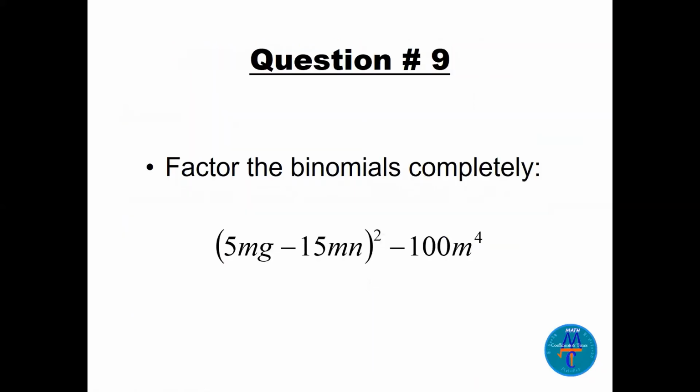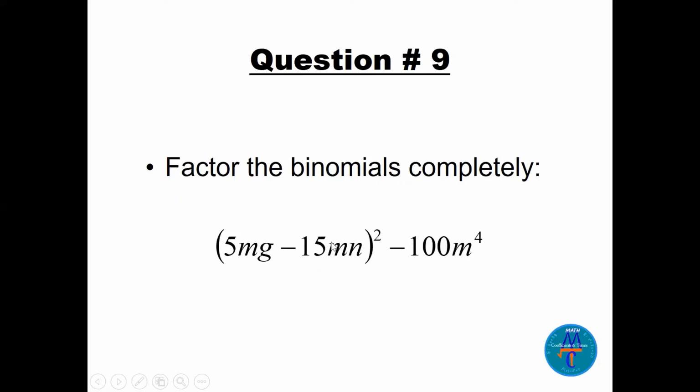Question number 9, we'll come back to factoring. Factor the binomials completely. There is one question similar to this in the algebra course, lecture number 10. It's easy now. We have here two terms, so we can see the common factor. See here we have 100 m power 4. So we can see there is a common factor inside.